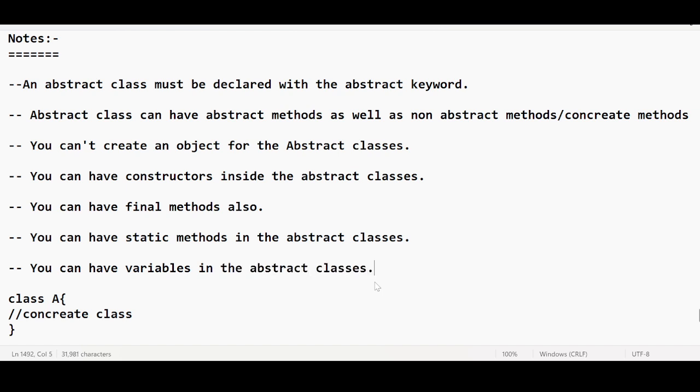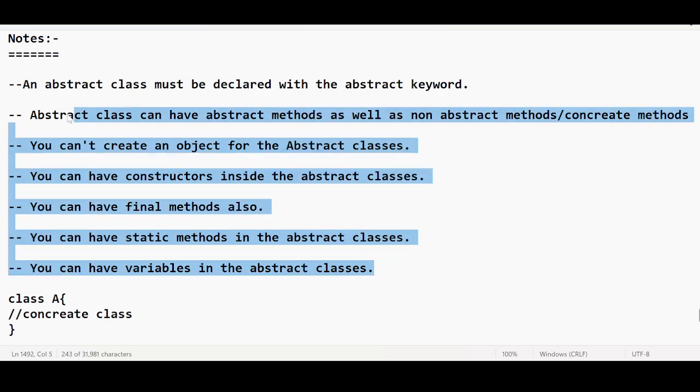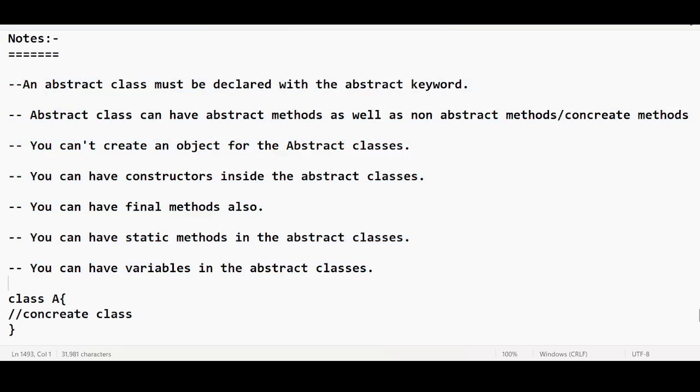But the only drawback with an abstract class is that you cannot instantiate it, or you cannot create an object. Look at this, focus here. You cannot create an object for the abstract class. This is the only drawback that we have. Apart from this, everything remains the same. Let us take one example today, and we will cover all these points together, so that you will not forget.